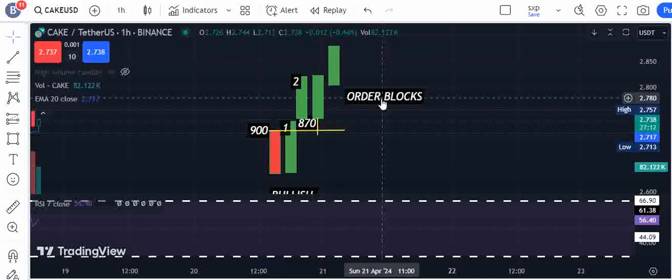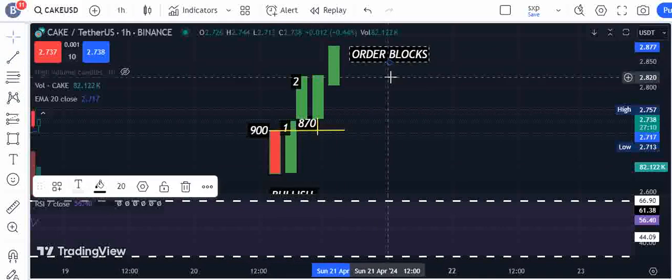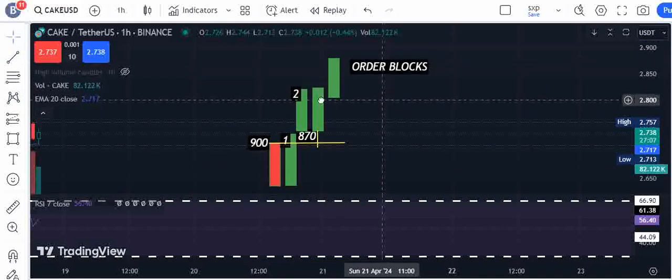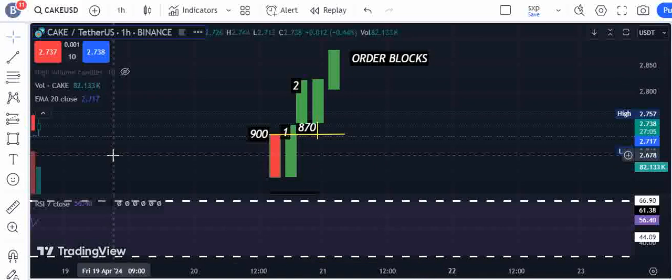So order block is another area for discount entry when you are entering a trade. So this is a bullish scenario.